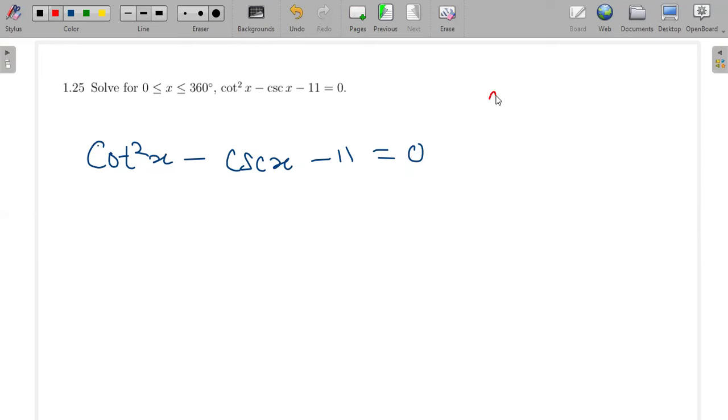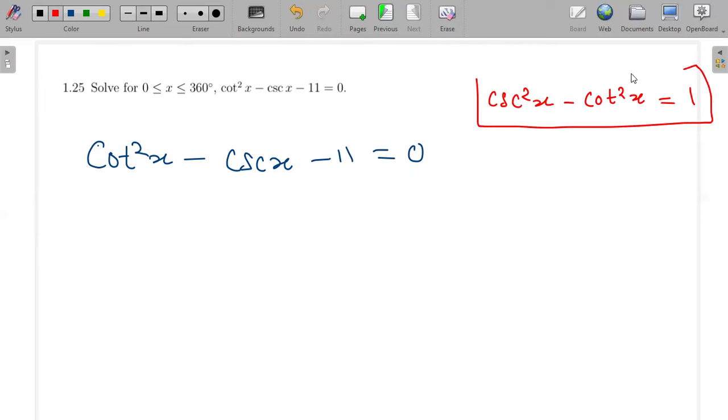We're going to use the identity cosec squared x minus cot squared x is the same as 1. So this is the identity that you should know. Apart from cos squared theta plus sin squared theta is equals to 1, even cosec squared angle, which can be x or it can be theta, minus cot squared x is actually equals to 1.